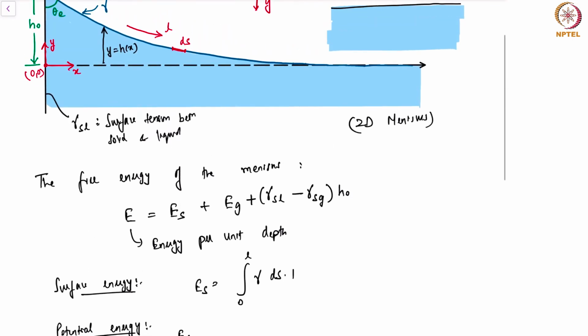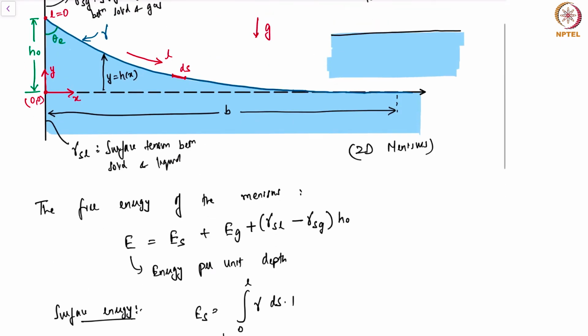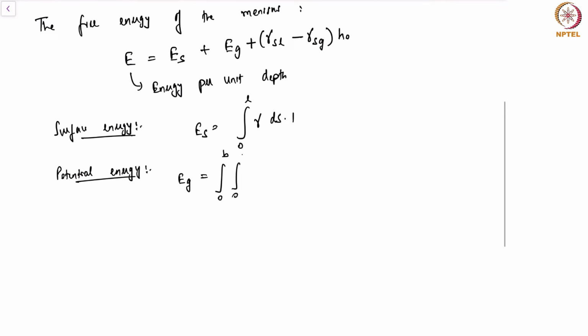Let us say the horizontal extent of the meniscus is some B. So I'm going from 0 to B in the horizontal, and in the vertical I'm going from 0 to h, of rho times dx dy times g of y.